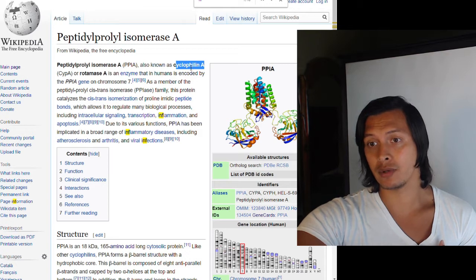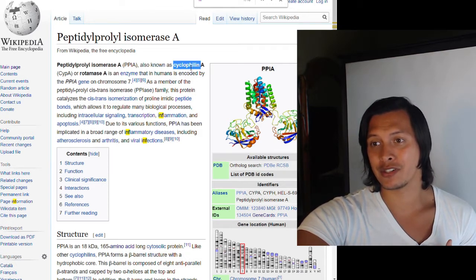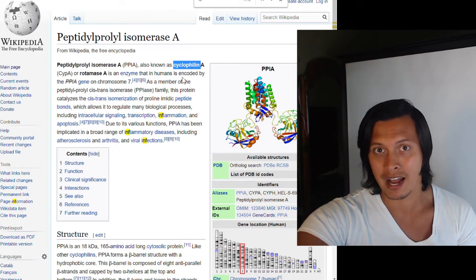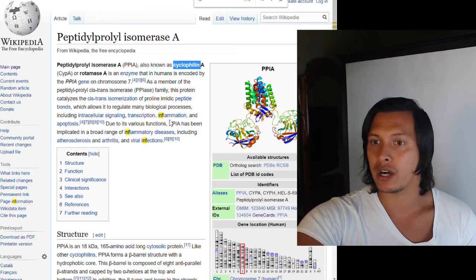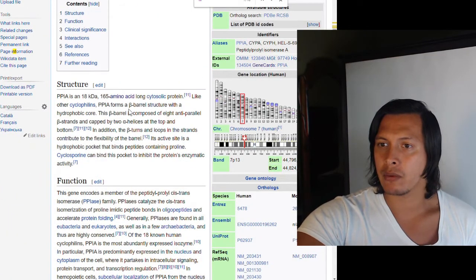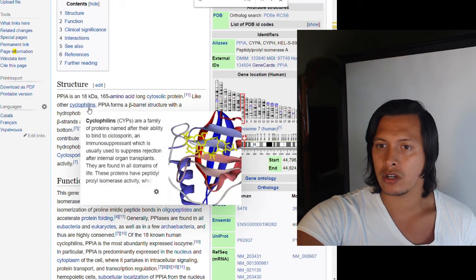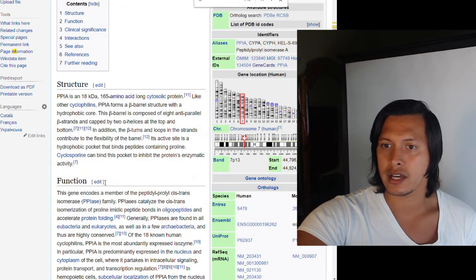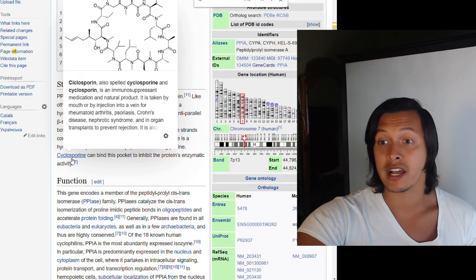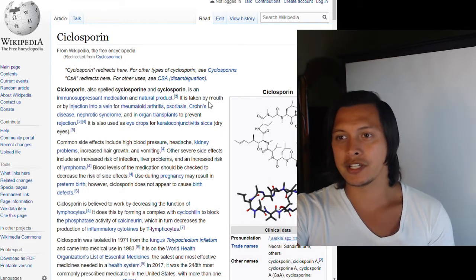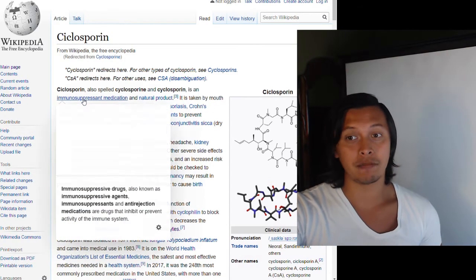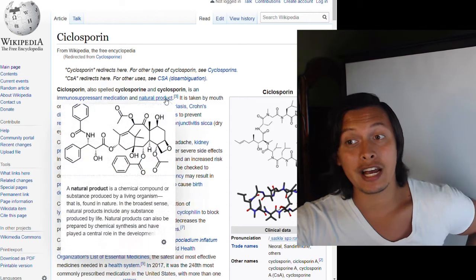And what's nice about cyclophilin A is that it is named after one of its inhibitors that is found in nature. I forgot what it was called. Not cyclophilins, but oh yeah, cyclosporins. So these cyclosporins are immunosuppressant medications, and they're natural products.